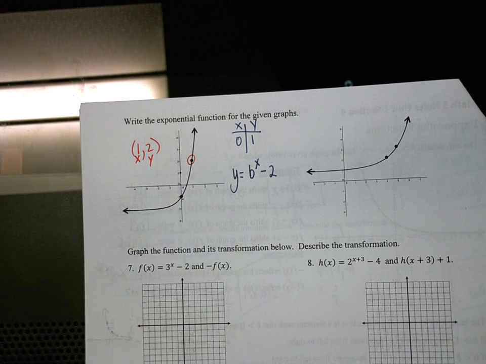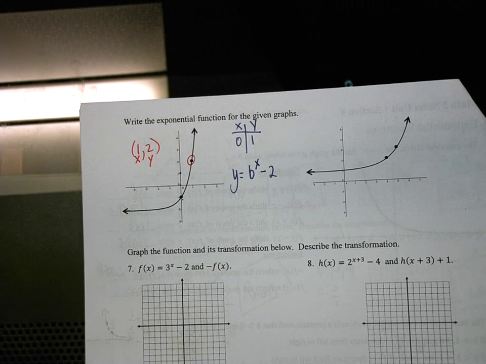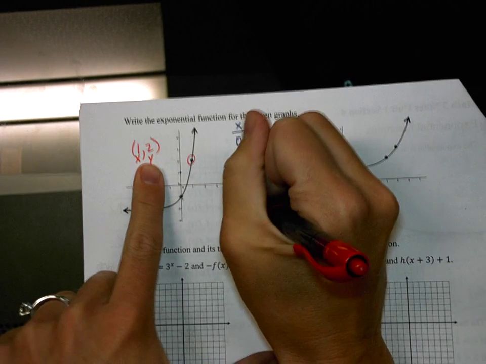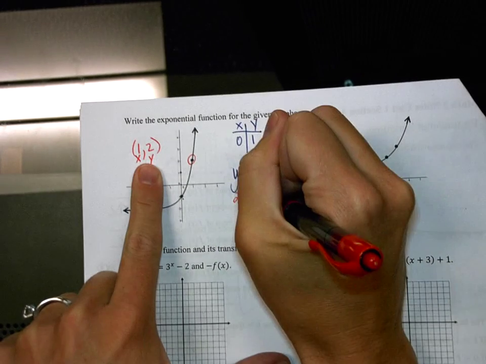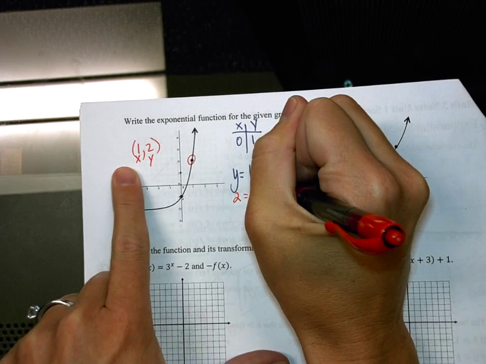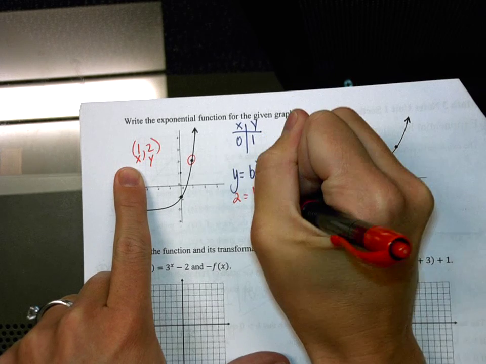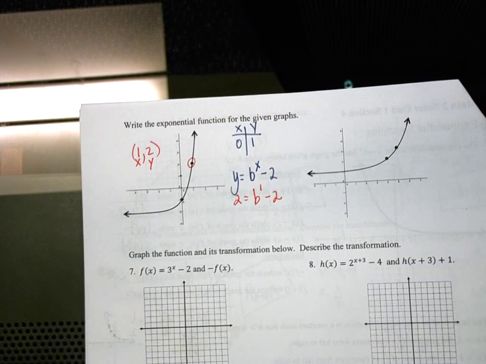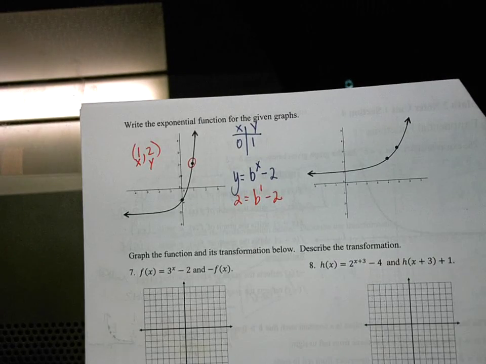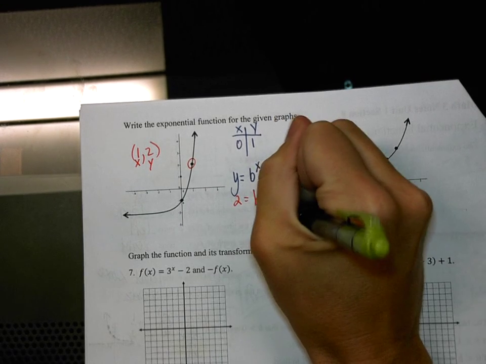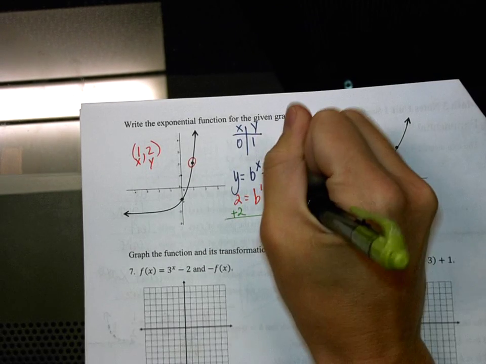Okay, so what do I mean? I'm going to plug in 2 for y: 2 equals b to the first power minus 2. Then what will I do to get b by itself? Add 2 to both sides, and these cancel, and I get 4 equals b.